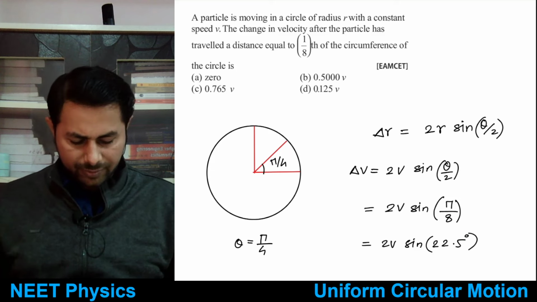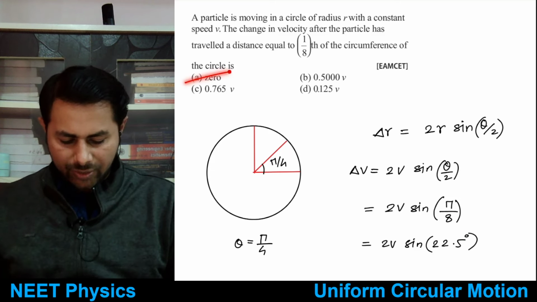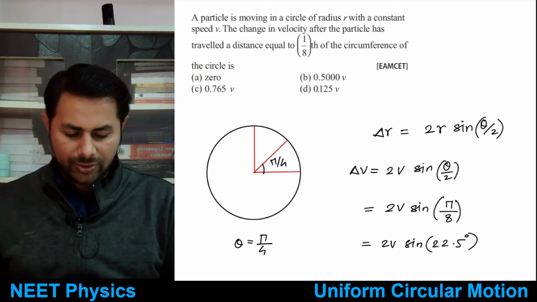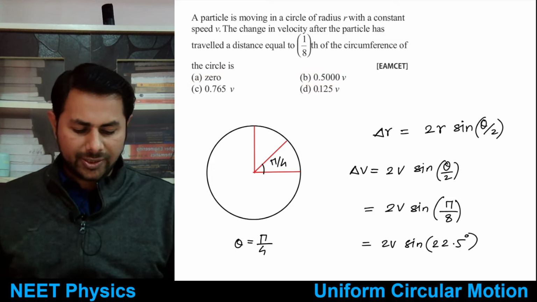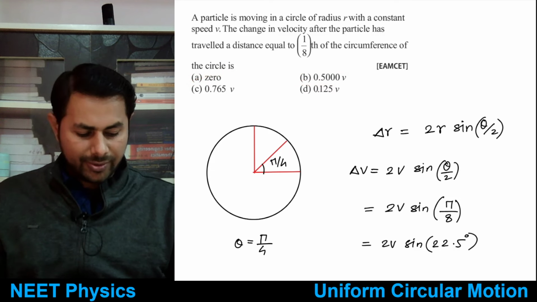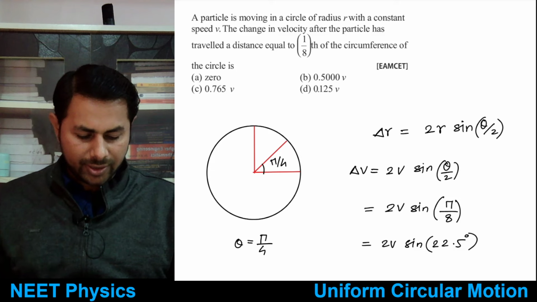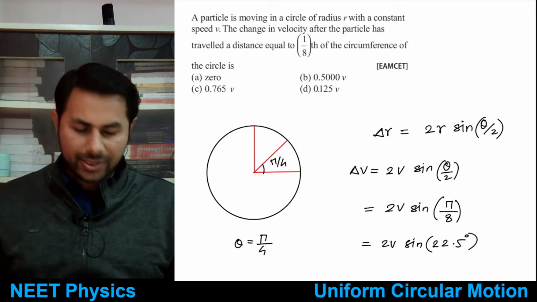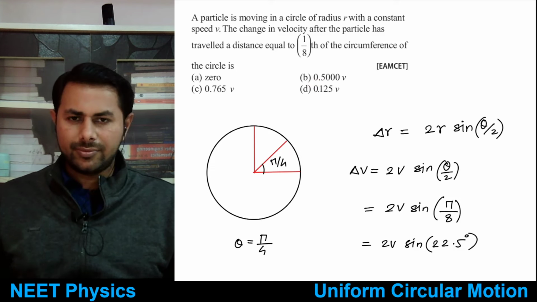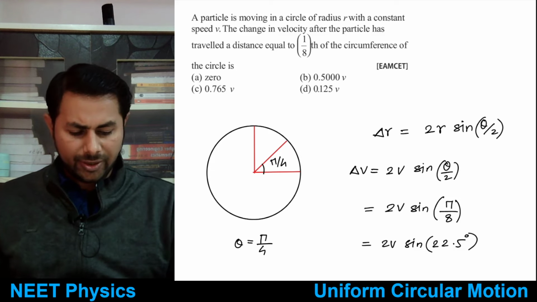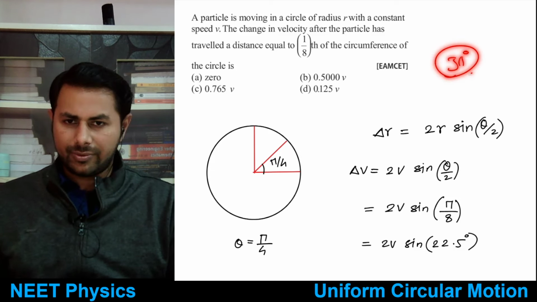Then look at the other options. For which angle is sine 0.5? It's 30 degrees, right? For 30 degrees it is 0.5.